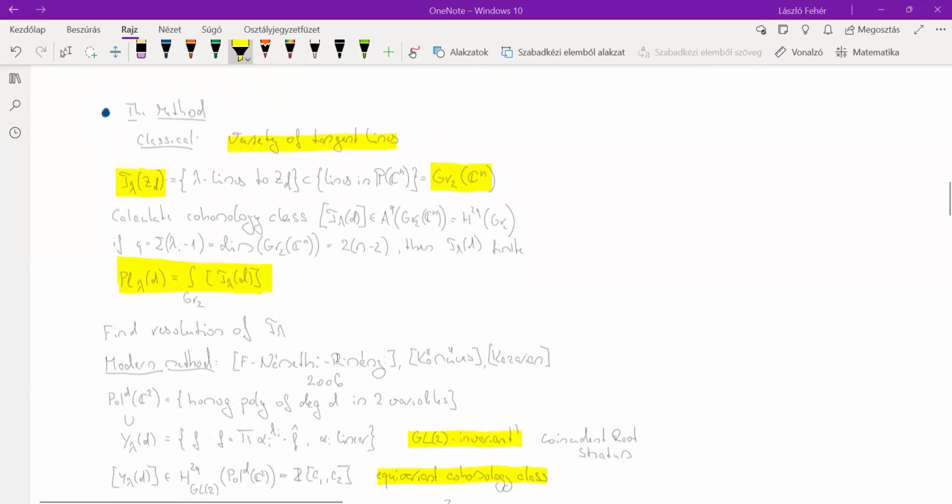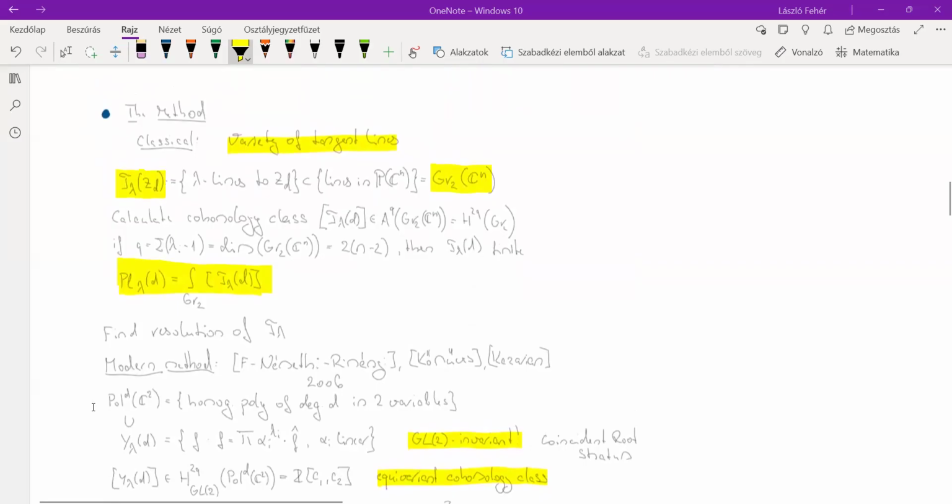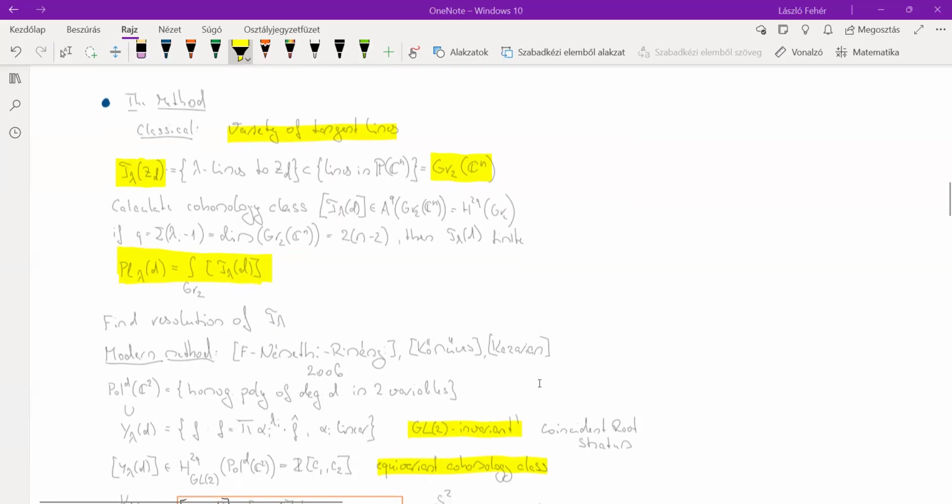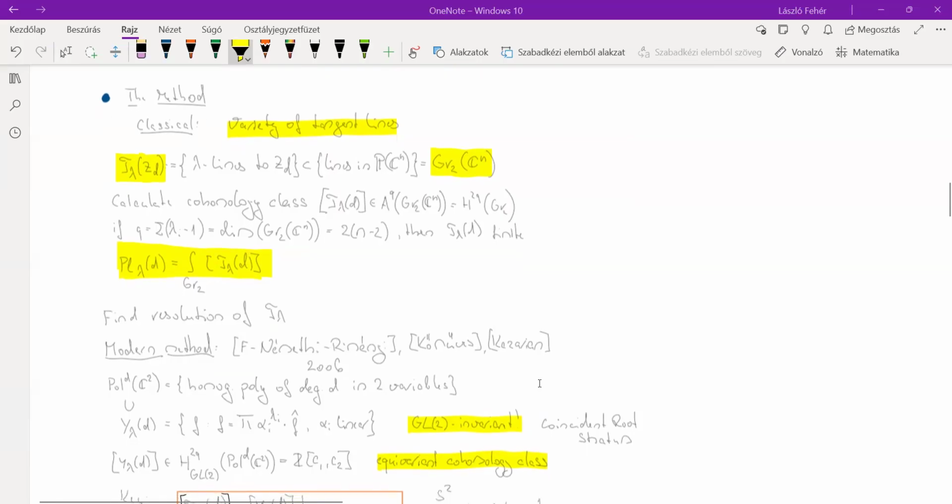So the first modern approach to this problem was in this paper of ours with Richárd Rimányi and András Németi, but independently two other methods were established by Balázs Kőműves and Maxim Kazarian. So the idea is that we work universally.